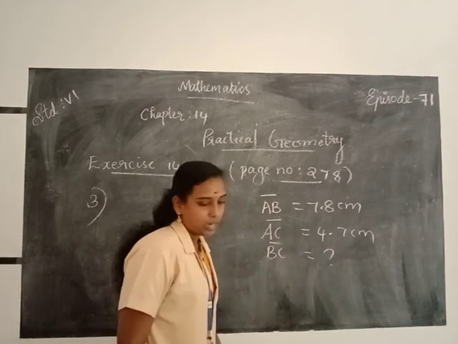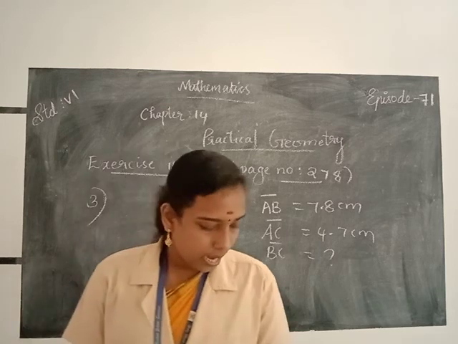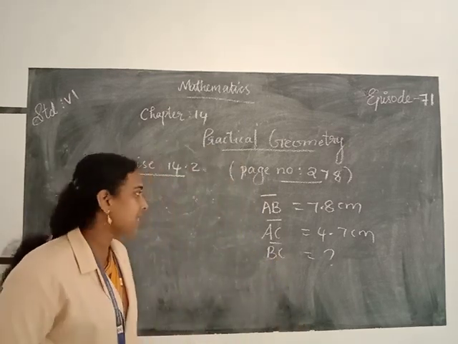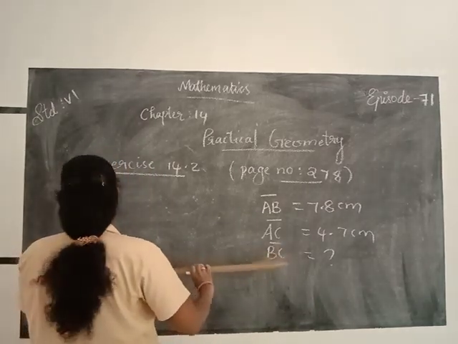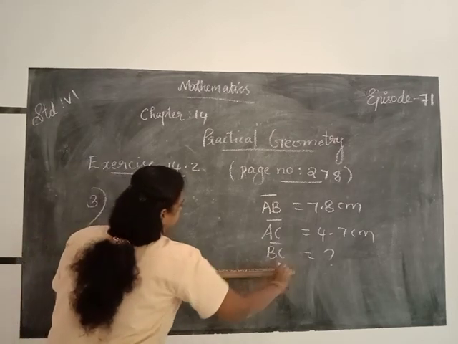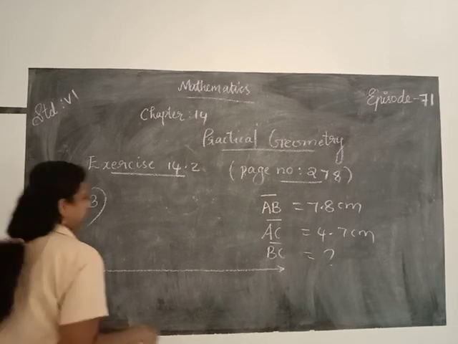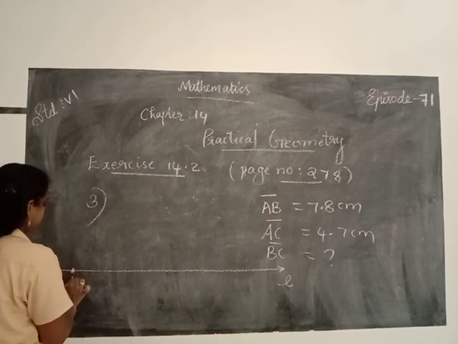Okay. And for that, first you draw a line L and mark the point A on the line. So we want to construct the line segment. First you place the ruler and draw a line L. Then mark the point A on the line.